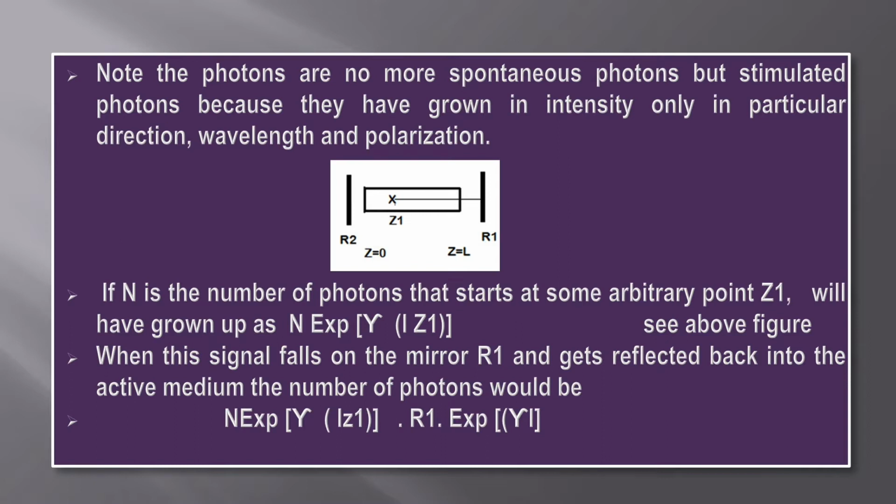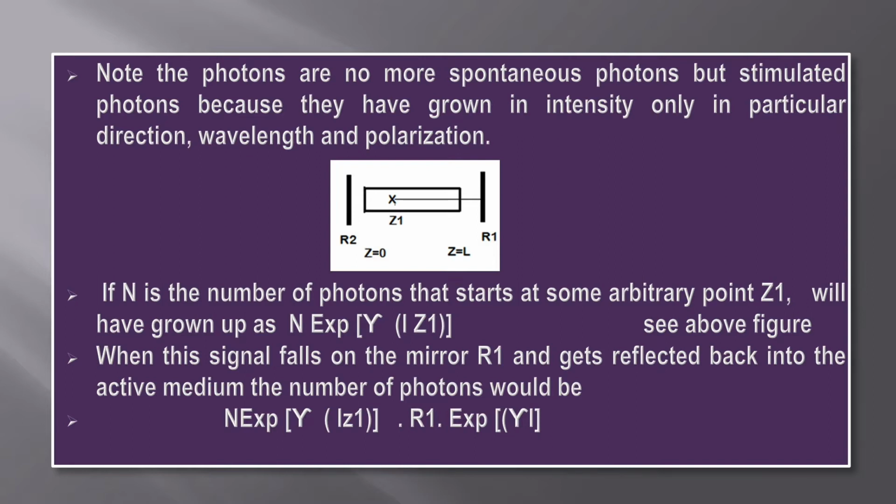That means if R1 is 0.9 and 100 photons fall on the mirror, only 90 photons will come back; 10 photons will be lost either as useful output or as scattered loss.